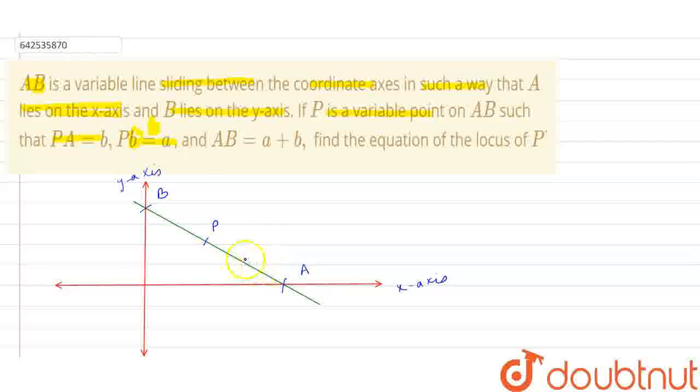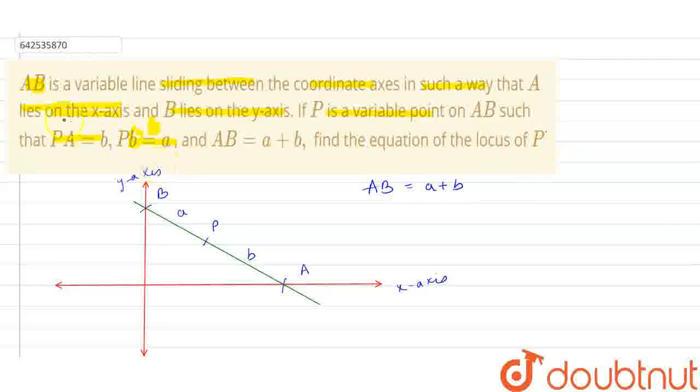This PA line measures b, and this PB line measures a. Alright, and we are given that AB is equal to a plus b. So we need to find out the equation of the locus of P.